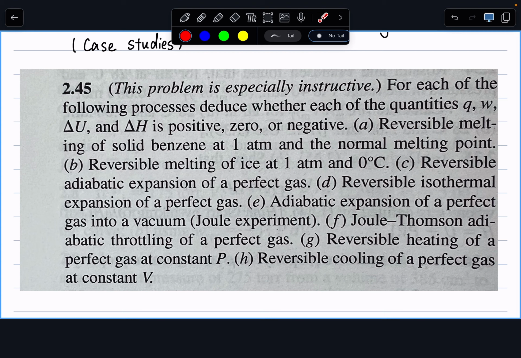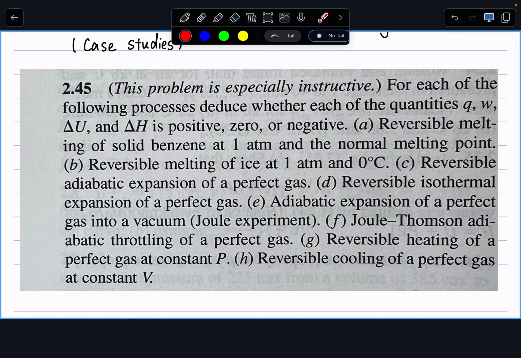All right. And then what about work? So work, well, it's reversible. So we have work equals the integral of negative PdV, taking the pressure out. We have the pressure times V final minus V initial. Now it is a melting, so we're talking about the volume of my liquid minus the volume of my solid. And since the mass is the same, we have the density.